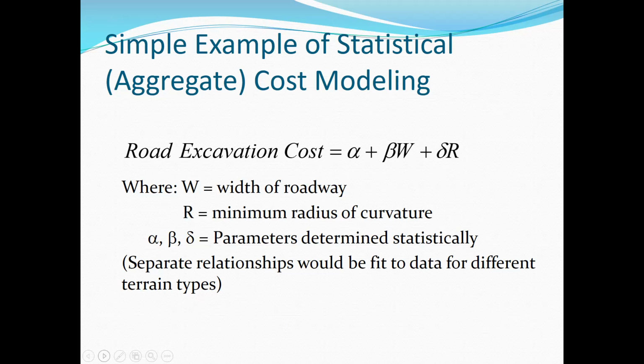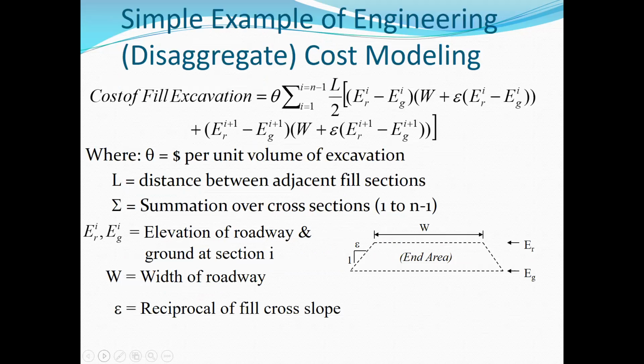Okay. Now, if you get to the disaggregate model and you still want to figure out the cost of excavation, you're not just going to look at minimum radius of curvature and width of the road. You are actually going to look at end area, and you're going to cut sections of the road.